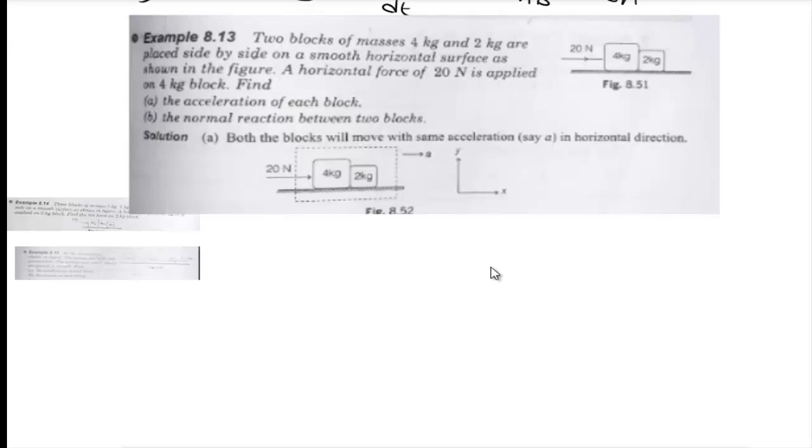In such questions, the first step is that we need to choose a system. Which system is the whole physical activity happening on? Our system here is the 4 kilogram and 2 kilogram masses, with the 20 Newton force acting on them, placed on a smooth horizontal surface.